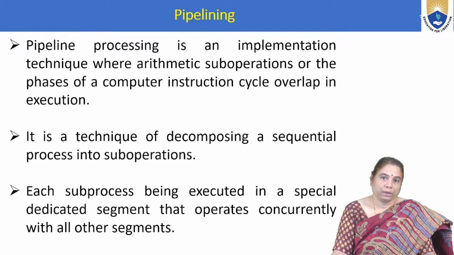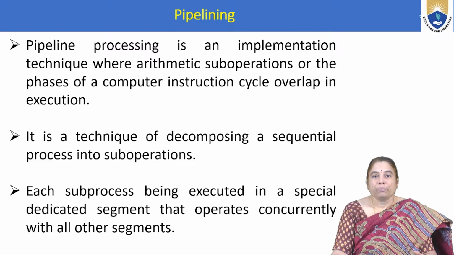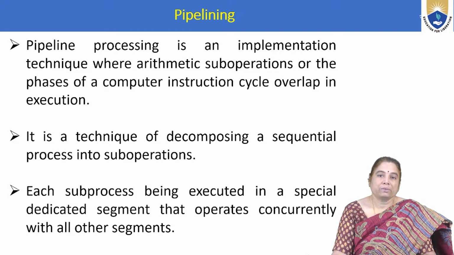For example, some functional units can be employed for fixed point arithmetic, and separate functional units for logical operations, shift operations, and floating point arithmetic. This is one way to achieve parallel processing.